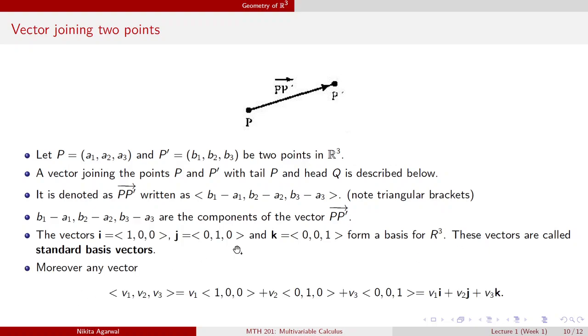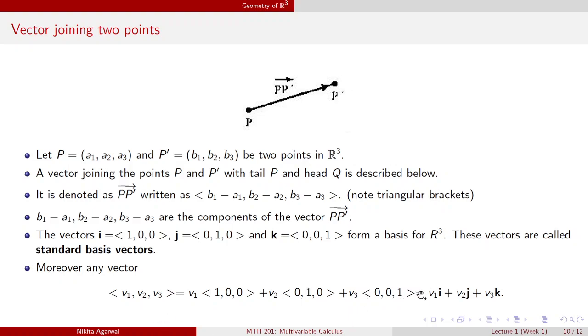Using vector addition and scalar multiplication, any vector v1, v2, v3 can be written as v1 times 1, 0, 0 plus v2 times 0, 1, 0 plus v3 times 0, 0, 1.